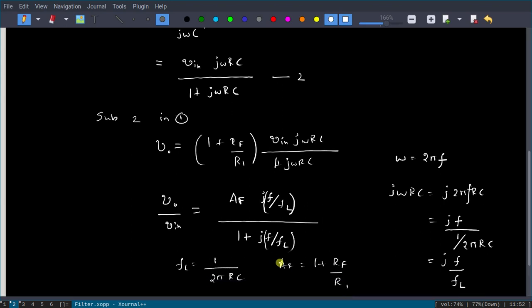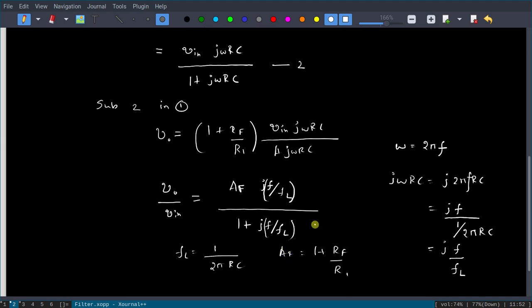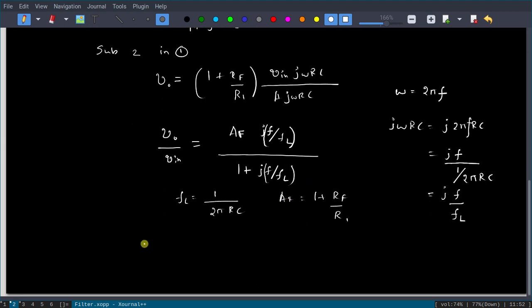Okay. So now if we want to find the magnitude of this, the magnitude will be Vo by Vin. We know that it is nothing but the square root of real part square plus imaginary part square. So here the gain is not 1, it is AF.